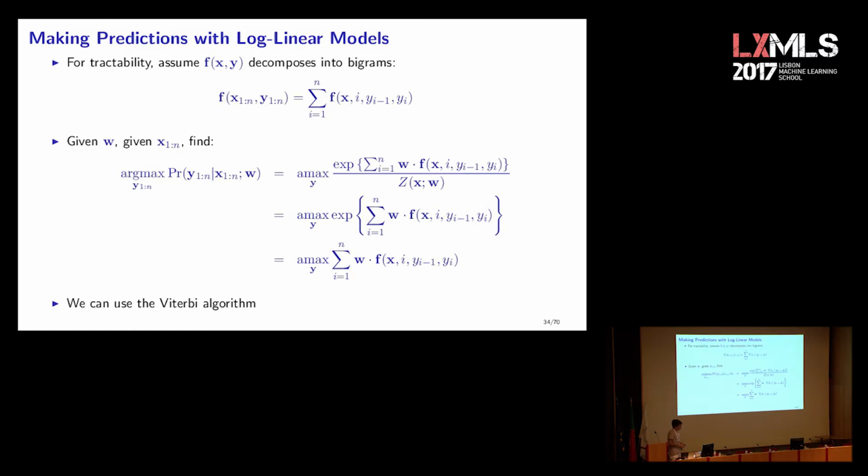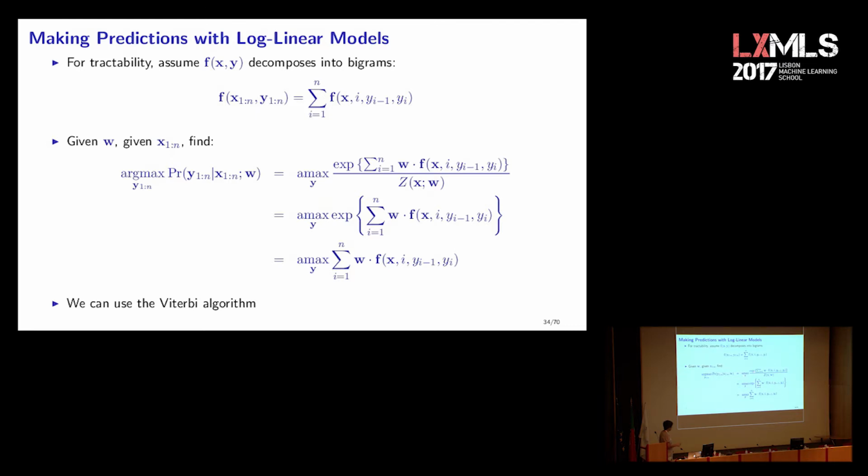Let's say I want to do a prediction. To make predictions, I will have to use the assumption before, that my feature function factorizes. Now, I'm given w and x, and I want to find the maximizing sequence. So I can substitute here.